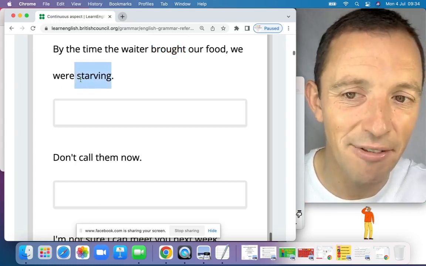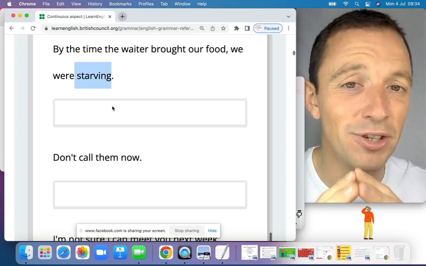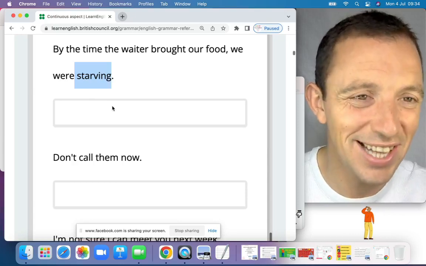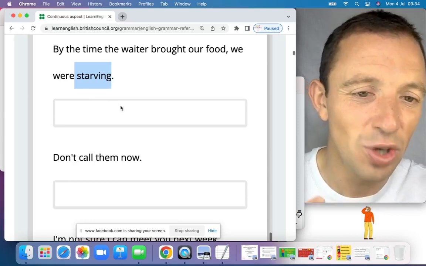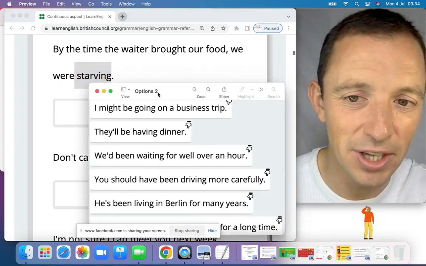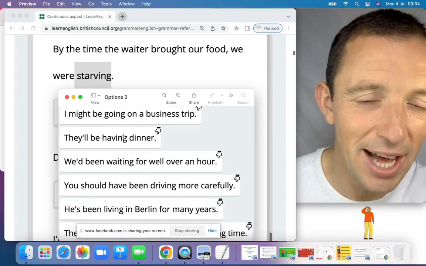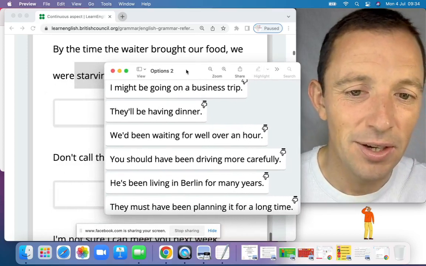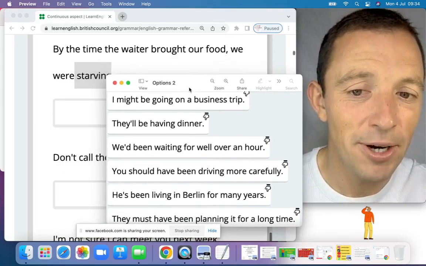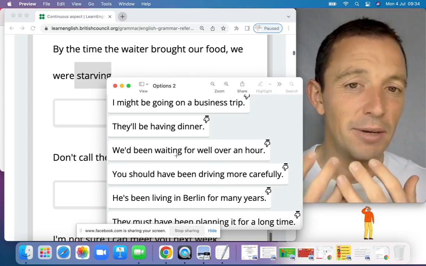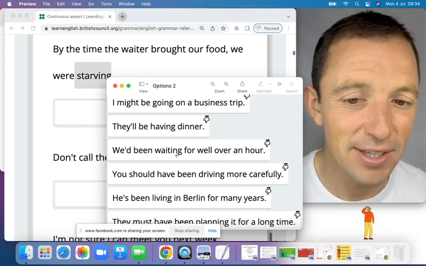Next: by the time the waiter brought, irregular, bring, brought in the past, our food, we were starving. Starving is a very good adjective to say you are very, very hungry. So what is the correct sentence for this context? I might be going on a business trip, no. They are having dinner, no. We've been waiting for well over an hour. Yes, because you were very hungry, because you were waiting for a long time.